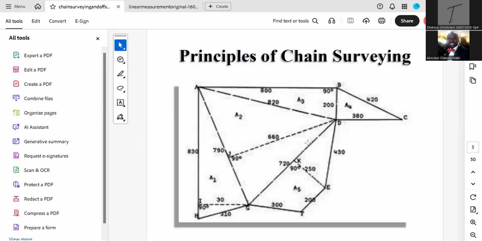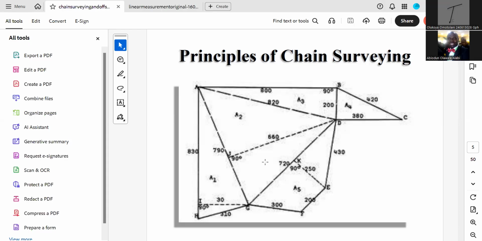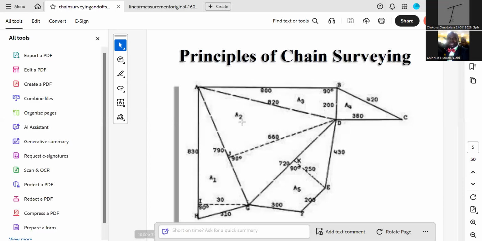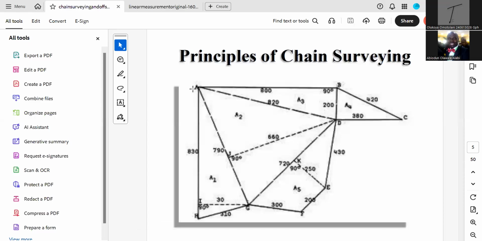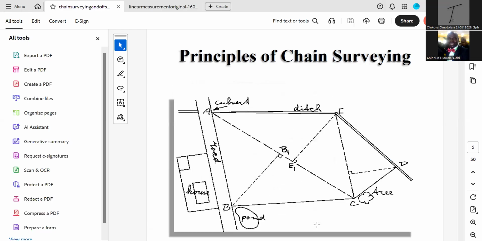Now, within this property, triangles were created. So we have 1, 2, 3, 4, 5, 6, 7, 8, about 8 triangles. Can you see how the lengths of the sides of the triangles are measured? With this, I can determine the area of this property by adding the area of each triangle together. So this is the principle of chain surveying.